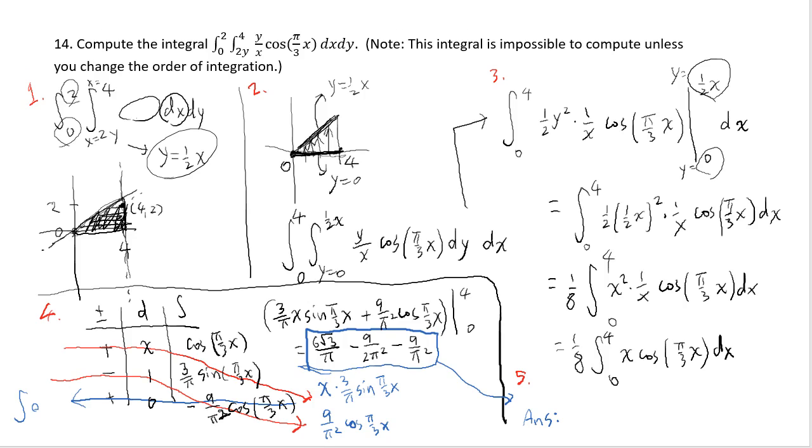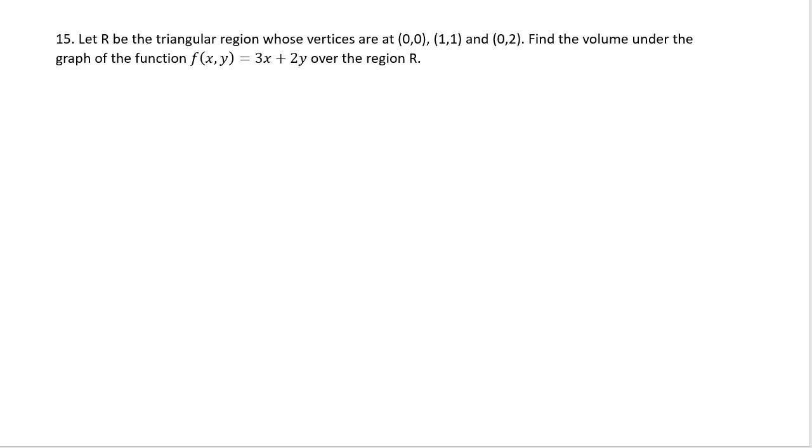Okay, the final answer is 6 radical 3 over pi minus, let's see, if I make common denominators, you have to multiply 2 top and bottom, so it's 18, so it's minus 27 over 2 pi squared. So that's the answer. It's a little weird.